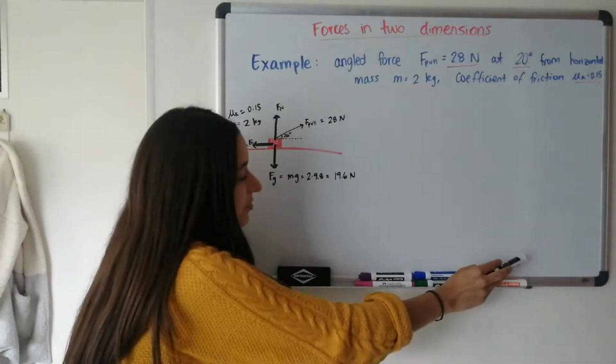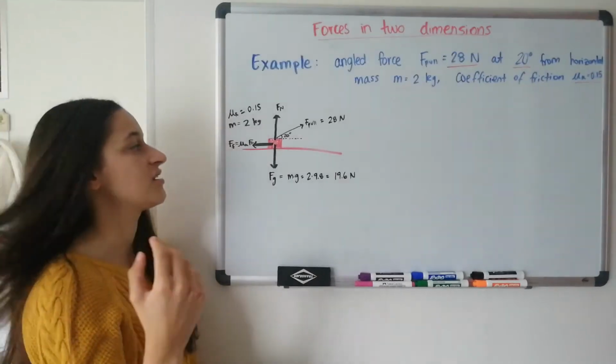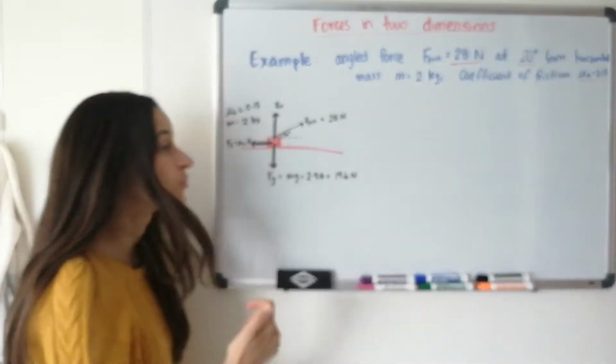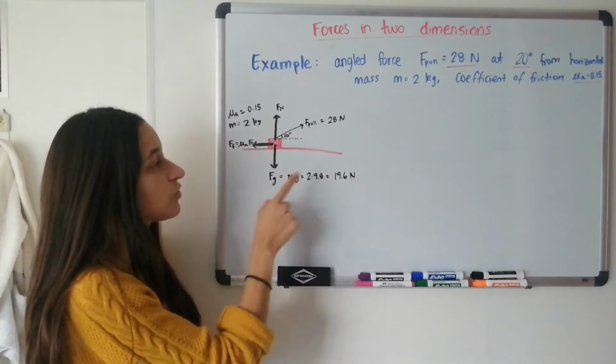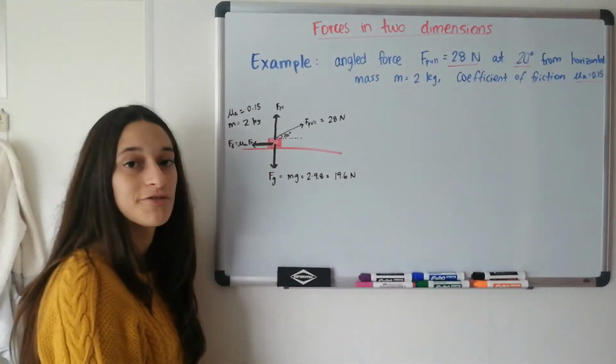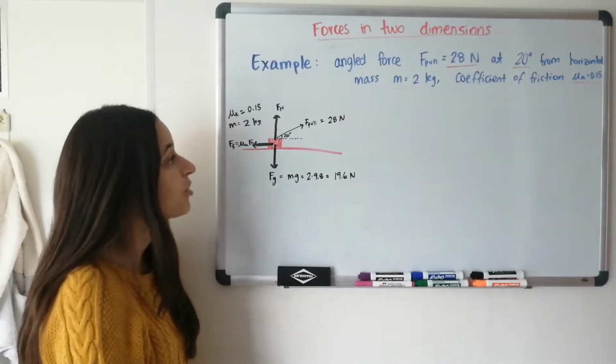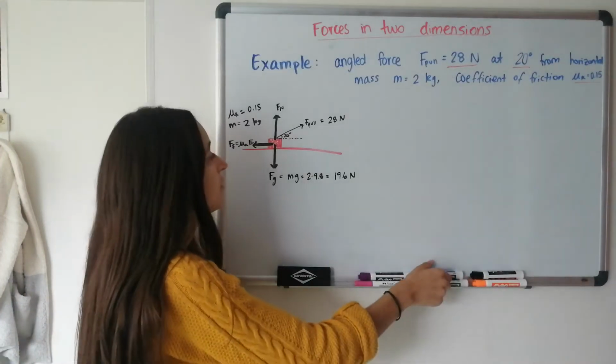The following step is, because there is one force that is in diagonal with respect to the motion, only one of them, because this one is not in diagonal, this one is not in diagonal, and this one is not in diagonal, the only force in diagonal is the pulling force. So that's the one that we're going to have to divide into horizontal and vertical components. So that's what we do now.